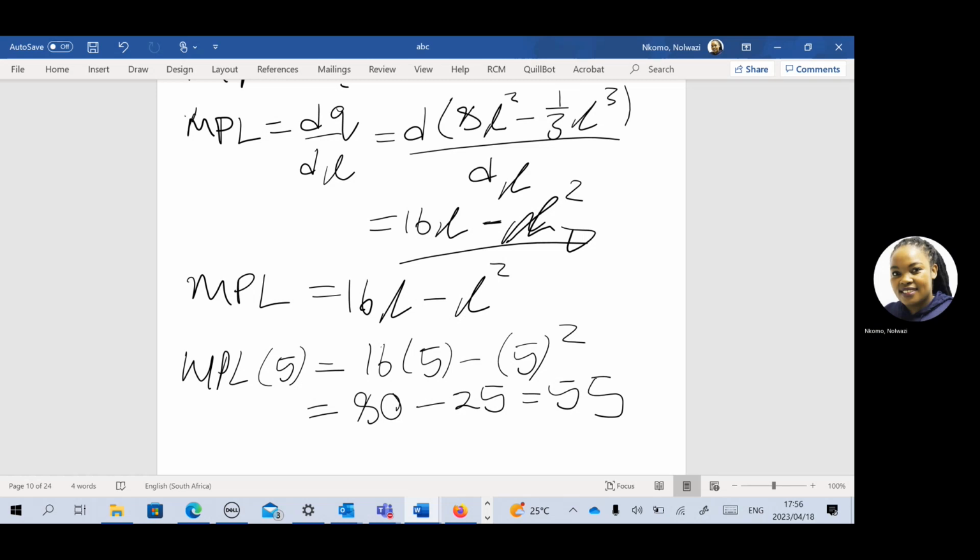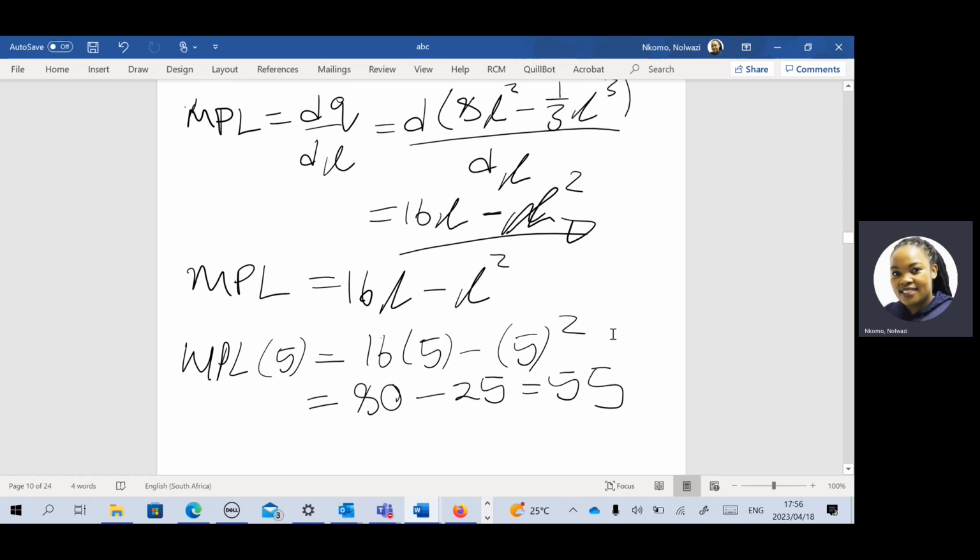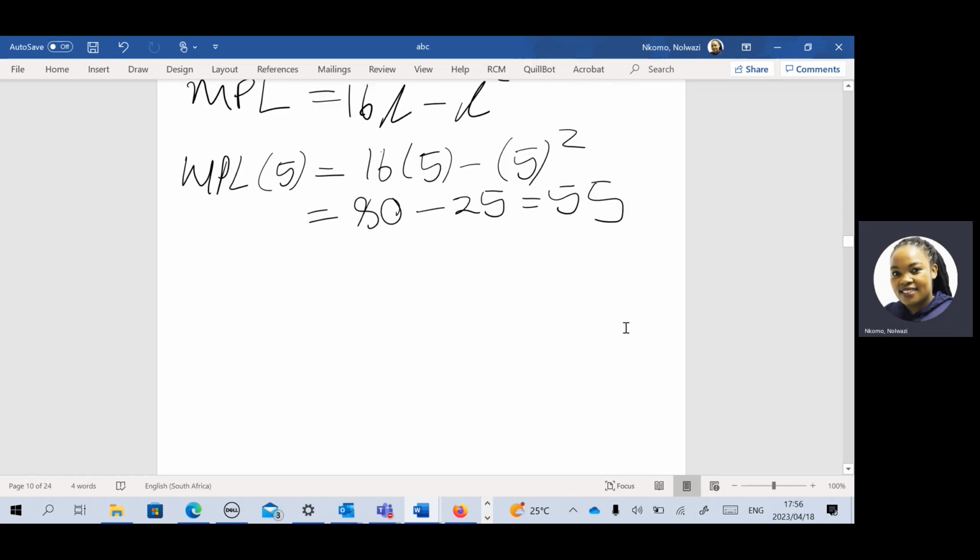Suppose you are asked to find the average production of labor too. Remember, we said the average production of labor is equal to the production function divided by the number of workers, the labor.